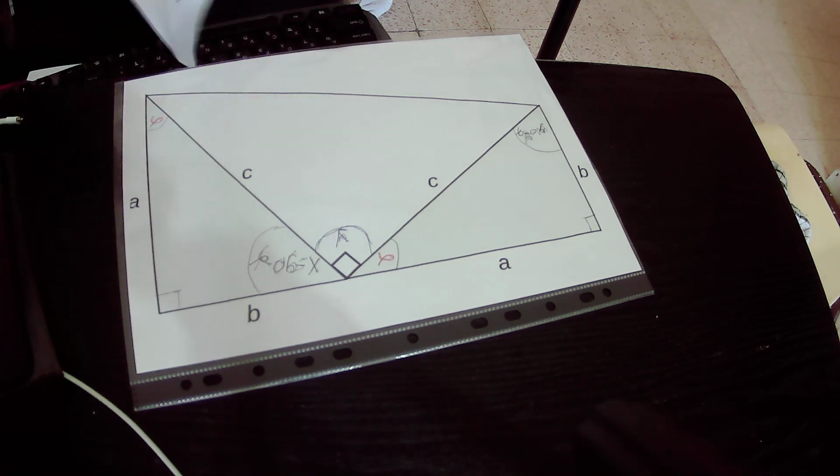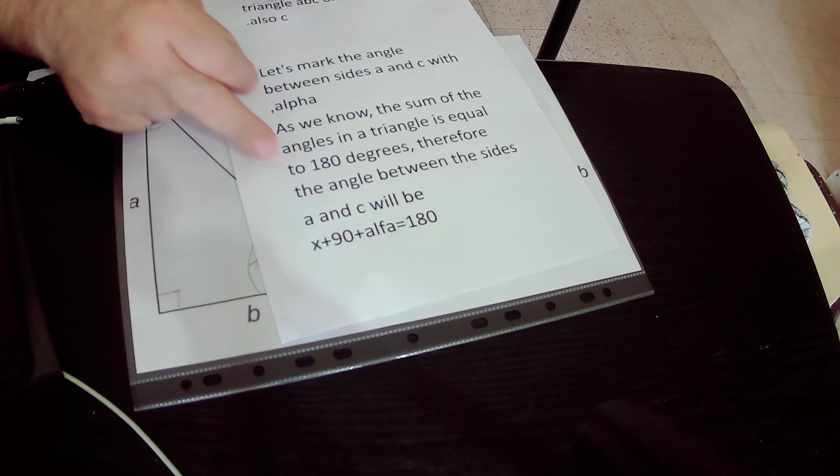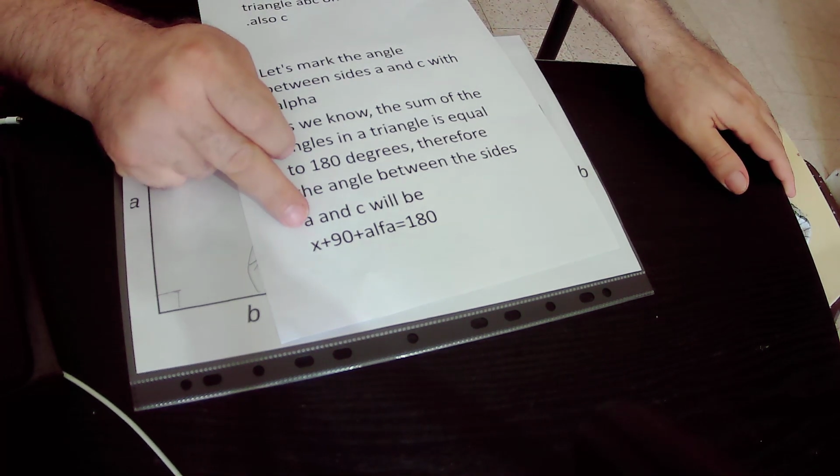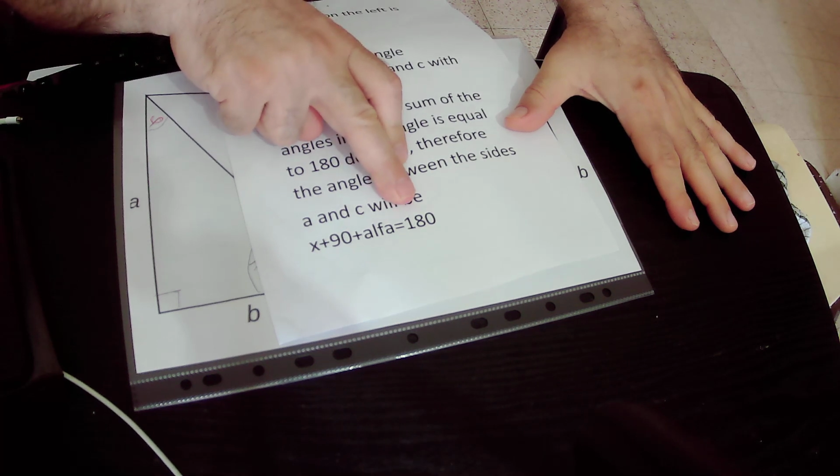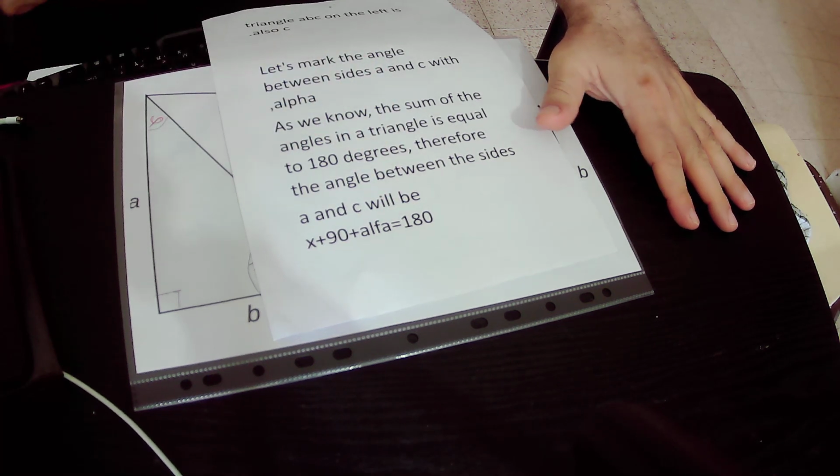Okay, so as you can see here, in the left triangle, x plus 90 plus alpha equals 180 degrees.